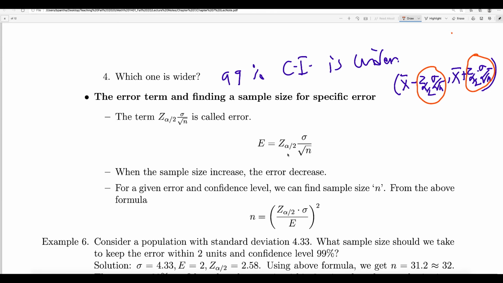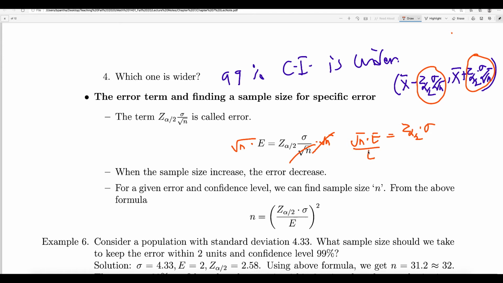Now how do I simplify this to solve for n? I multiply both sides by root n and cancel. I get root n times E equals z alpha half times sigma, right?